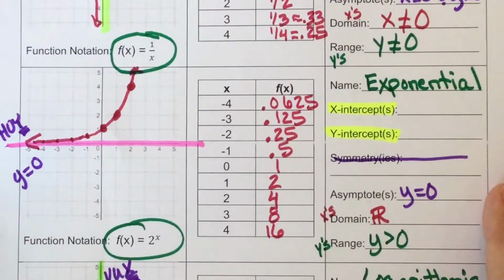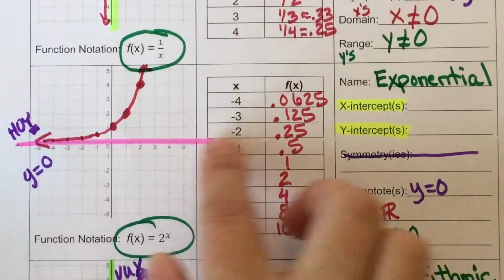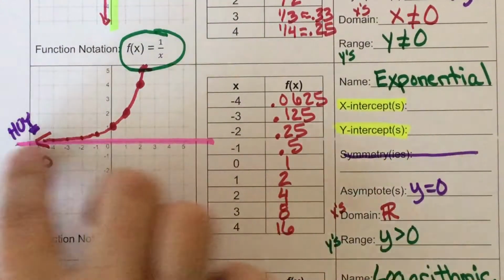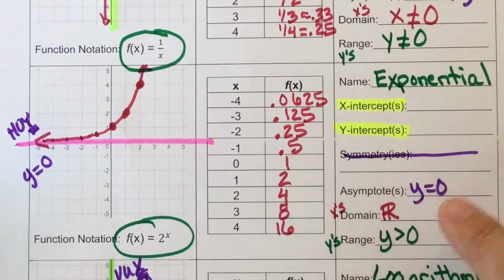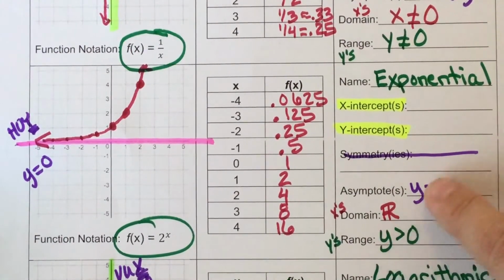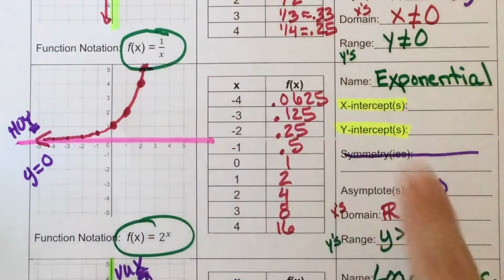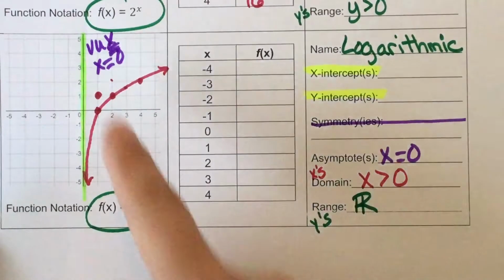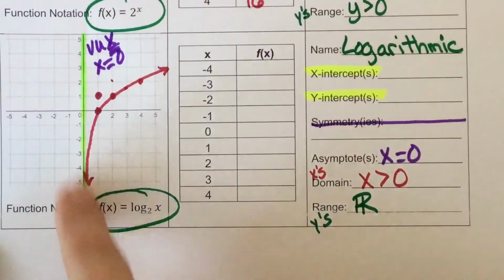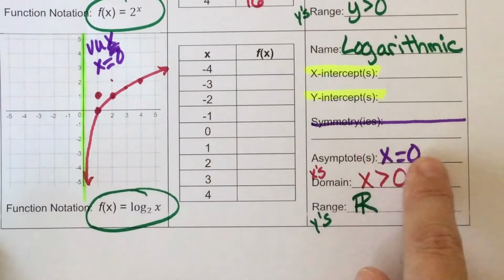The exponential had an asymptote right here on the x-axis, which is the equation y equals 0. That's why the range had a restriction where it couldn't be 0, but because it went up and up, y greater. And then the logarithmic has an asymptote on the y-axis, which is the equation x equals 0.